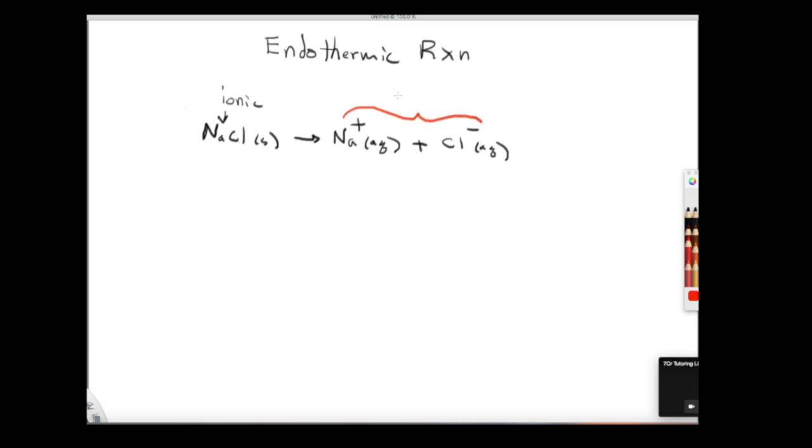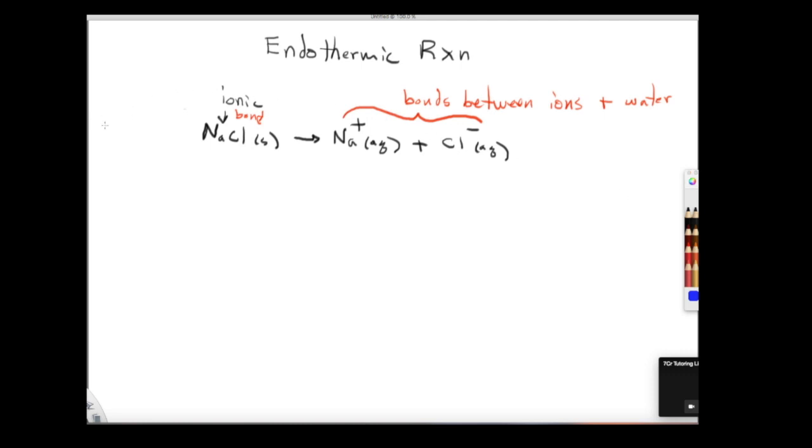So I just want to say here, over here we have an ionic bond, and over here for the products we have bonds between ions and water. Now for an endothermic reaction, we have a difference, right?